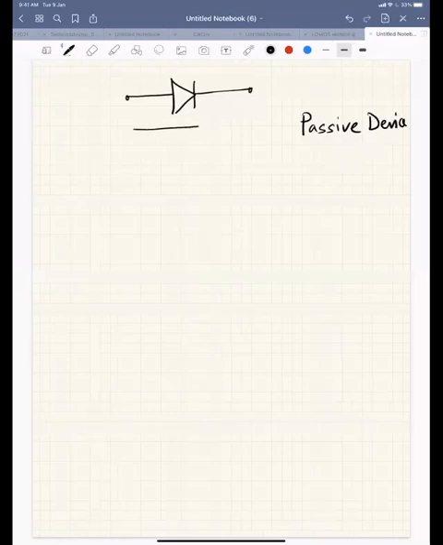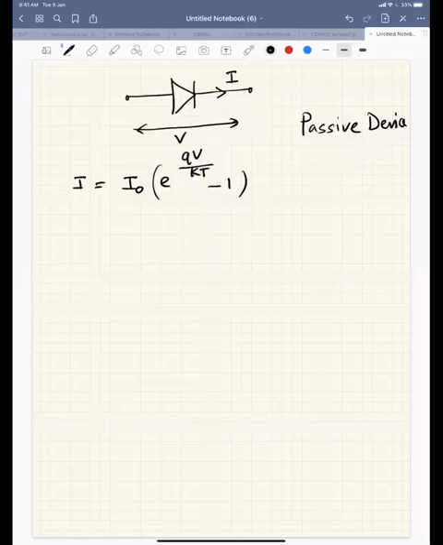If you apply a voltage V across it, there will be a current, and we know that current is I0 times exponential of QV by KT, minus 1. So this is a passive device because you give a voltage across the PN junction and get a current. There is no way we could change the current without changing the voltage.